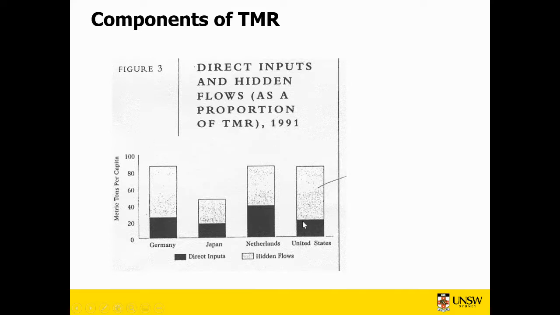So here already we can see that if we neglect hidden flows, we are missing a big part of the environmental burden in terms of material requirements. However, as we said, it's way more difficult to quantify these hidden flows, and there is much more uncertainty than when looking only at the materials actually processed in the economy.